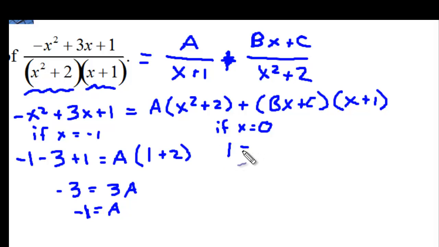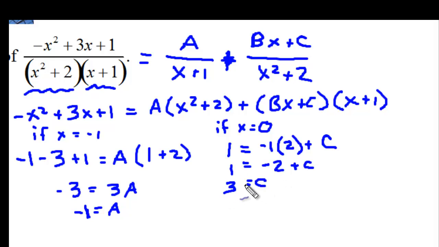So on the left-hand side we get 1. On the right-hand side we already know that a is -1, so we have -1 times 0 plus 2, which is 2, plus b times 0, which is 0, so we're left with just c there, times 0 plus 1, which is 1, so we have 1c. So this very nicely works out, and we add 2 to both sides, so we get c is equal to 3.